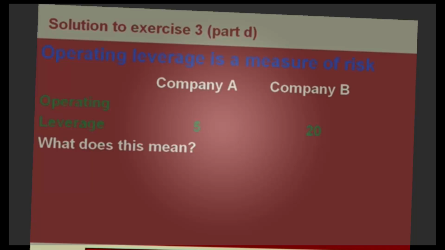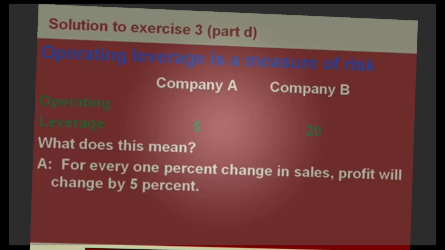What does it mean? Company A, it means for every 1% change in sales, the bottom line profit will change by 5%. So, if sales dropped 1%, the bottom line profit will drop 5%. It works vice versa. If sales increase 1%, the bottom line profit increases 5%.